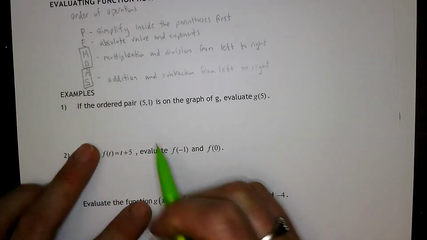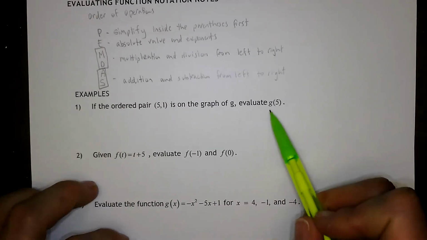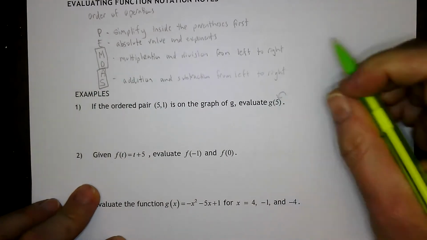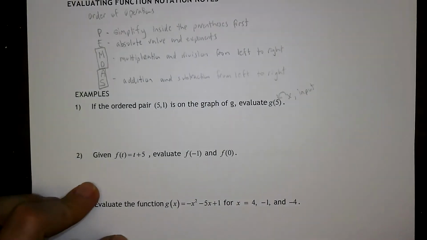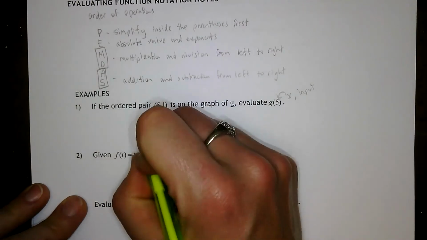If the ordered pair 5, 1 is on the graph of G, evaluate G of 5. Now remember, this 5 is our x. That's our input. So it wants to know what is y when x is 5.